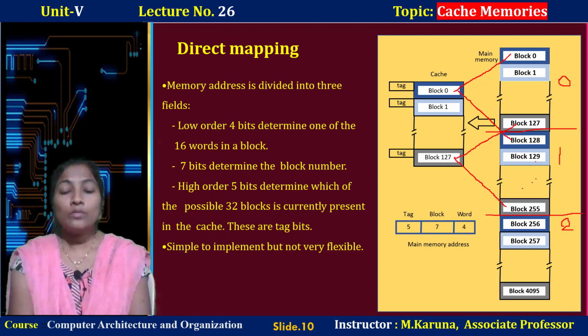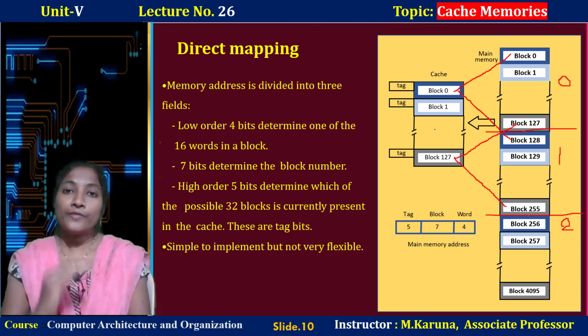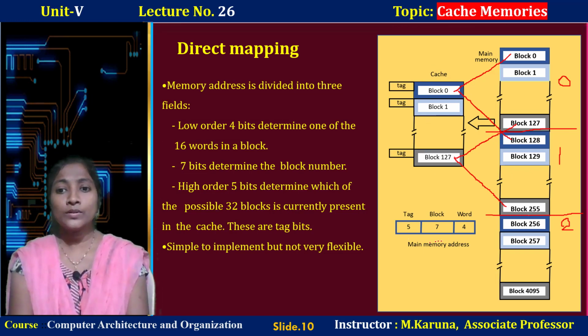Now let us see how the processor can access the required information from the cache memory. First the processor sends the read request signal to the cache memory, then sends the address of the required data to the cache memory. These are the main memory address bits.